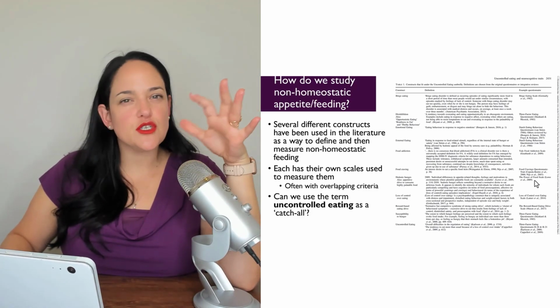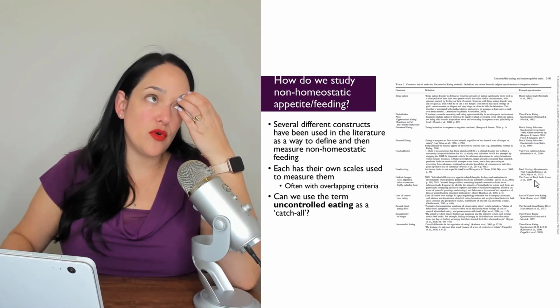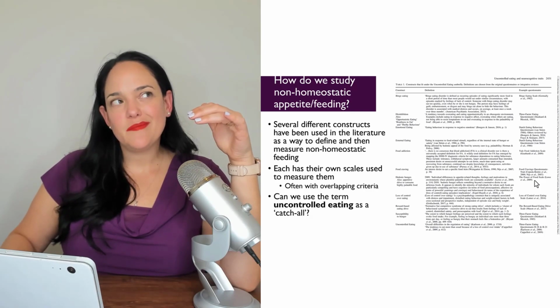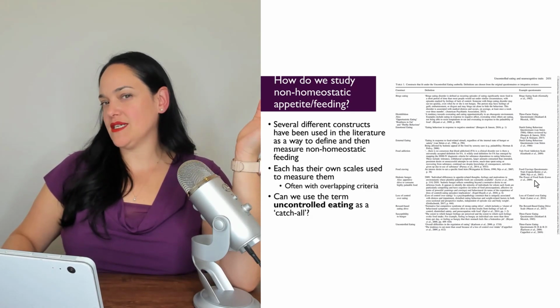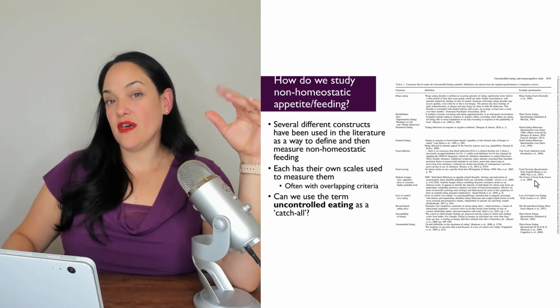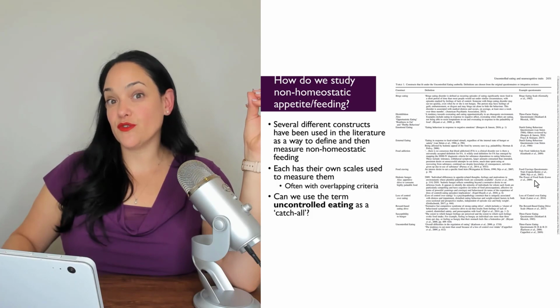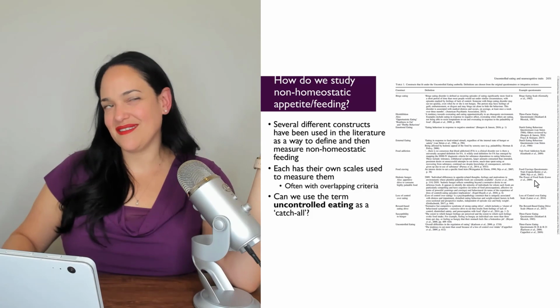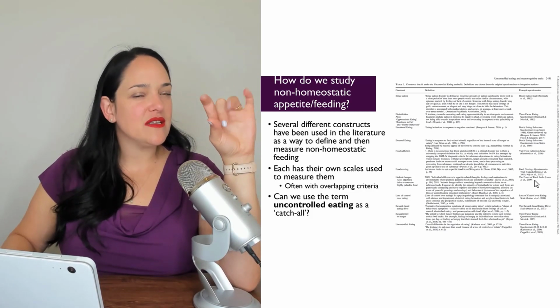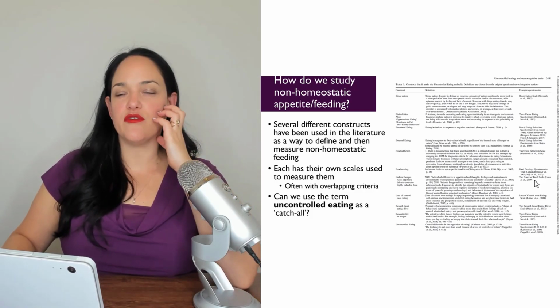So uncontrolled eating is a term that I'll use a little bit through this unit. I don't love it because it feels a bit stigmatizing to me to use the term uncontrolled eating, because I think we have a lot of judgments around food and control, and some people think that if they have more control over their food, that makes you better. I feel like there's some moral value that's sometimes given to how much control we have over food.